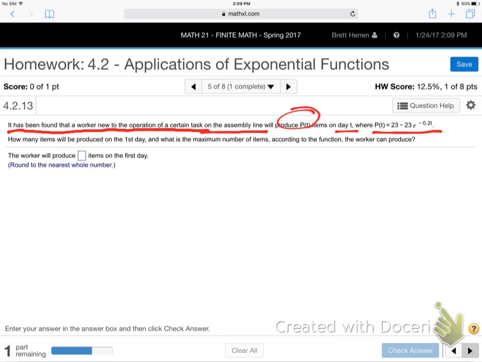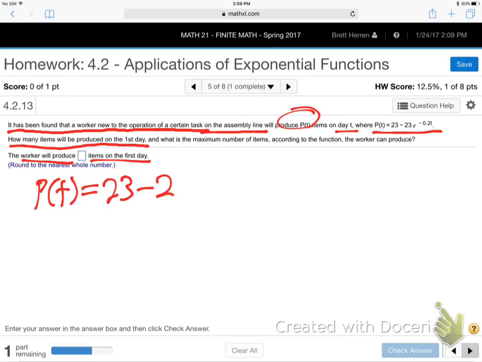So let me write the function. P of T equals 23 minus 23 e to the negative 0.2 t. So there's the function.